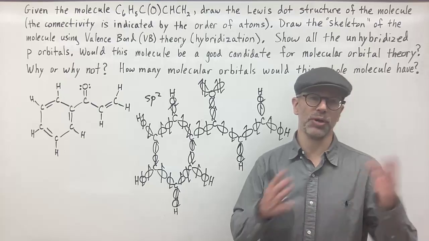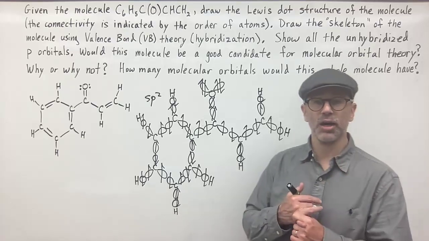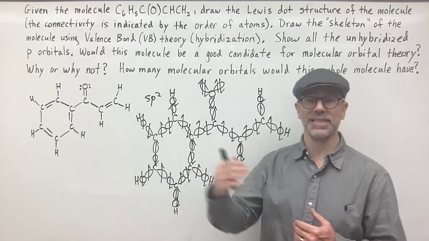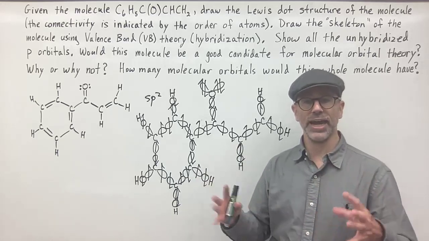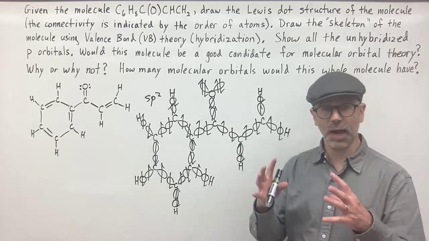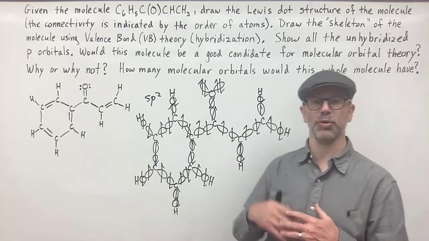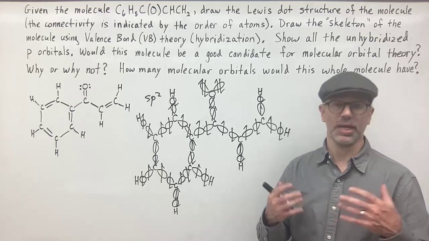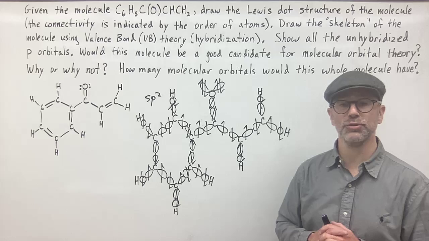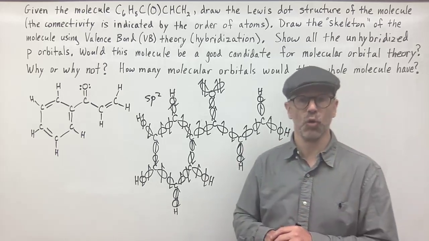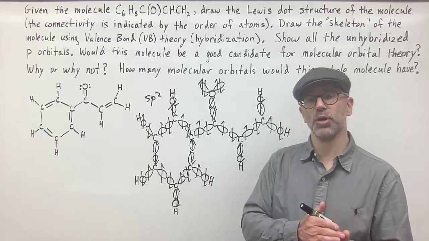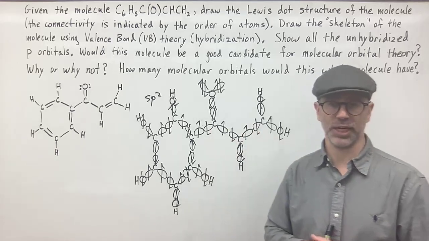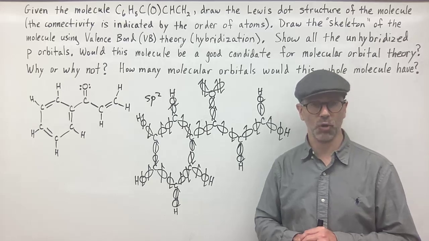And as we know from previous videos, the number of atomic orbitals that you use to make your molecular orbitals gives you the same number of molecular orbitals. So if I am using 5 atomic orbitals, then I'm going to produce 5 molecular orbitals. And if I have 7 atomic orbitals being combined, then I'm going to get 7 molecular orbitals, right? Whatever number of atomic orbitals I combine, I get that same number of molecular orbitals.